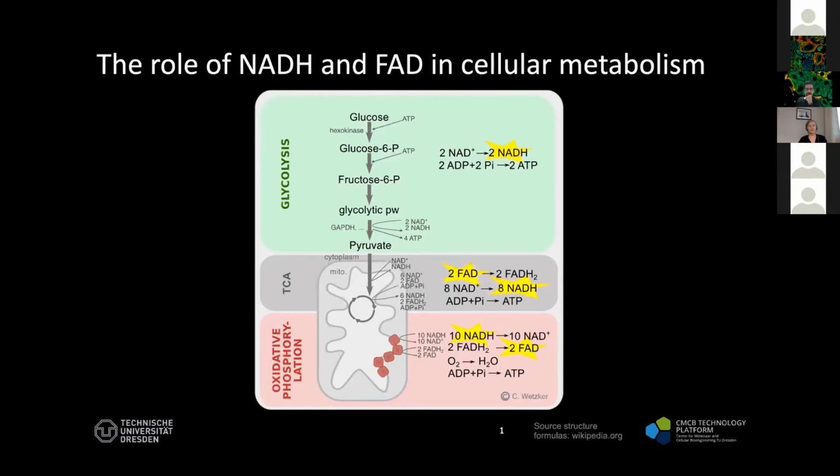Why are NADH and FAD particularly important in cellular metabolism, and why do we use FLIM to investigate metabolism? Generally, NADH and FAD are the coenzymes in any living cell and tissue, of any species.